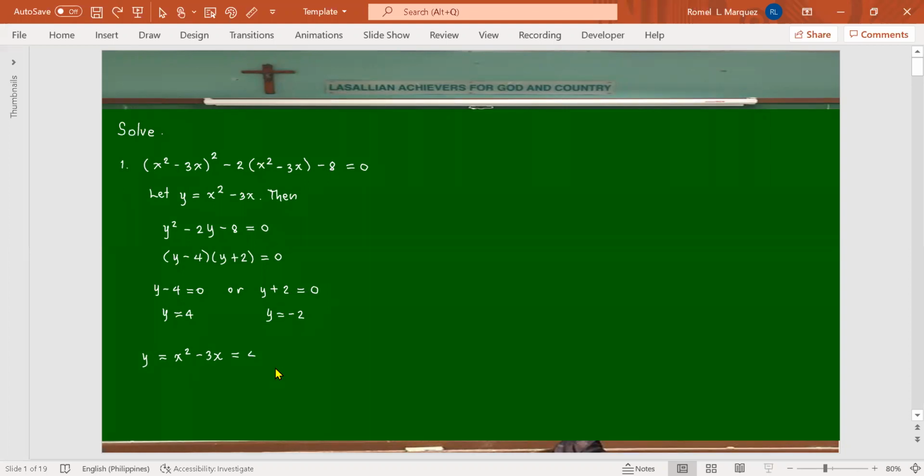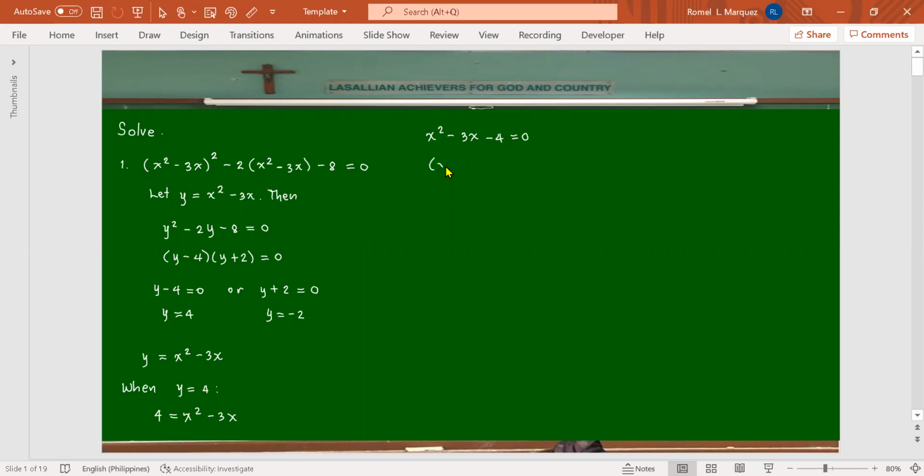Sorry, let's have first when y is 4. We have 4 is equal to x squared minus 3x. So what is the solution to this equation? First, let's put that in standard form: x squared minus 3x minus 4 equal to 0.